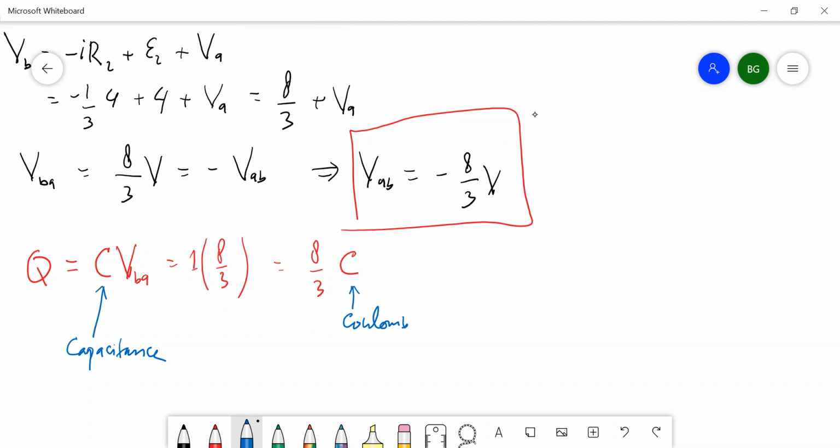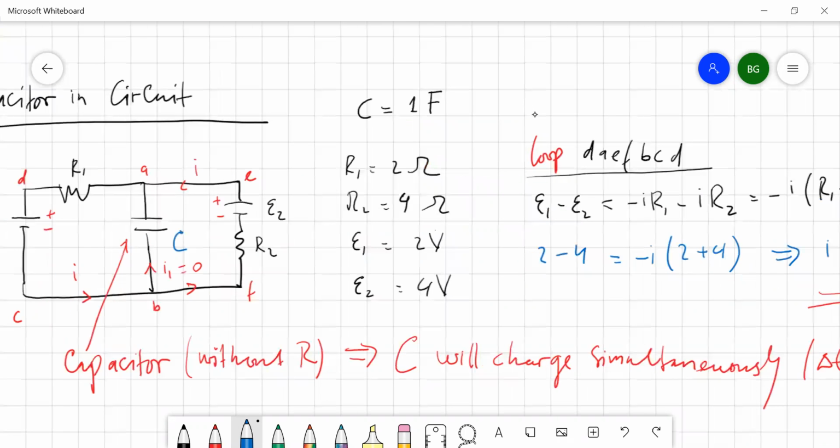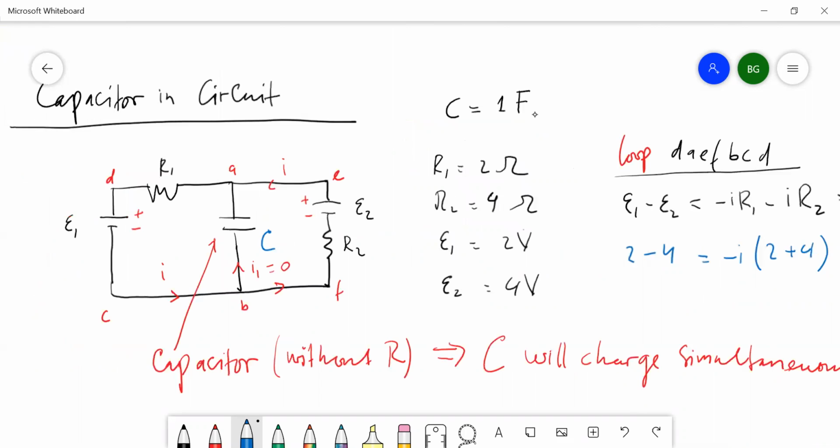So if the assumption of the loop direction is wrong, the voltage would be minus. Exactly. You could also compute the other way around. From this one, you should get the same result if you use this one.